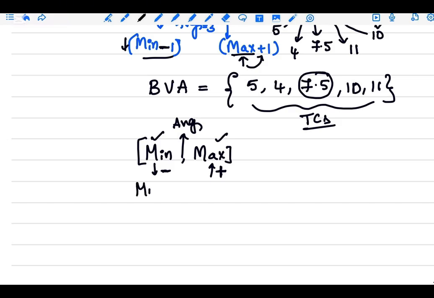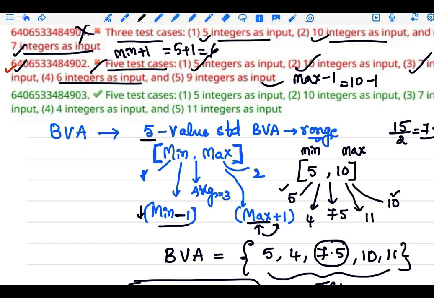That is minimum minus 1, and maximum plus 1. You have to remember this, otherwise there is a chance of answering option C instead of selecting option D. So option D is maximum plus 1 and minimum minus 1.